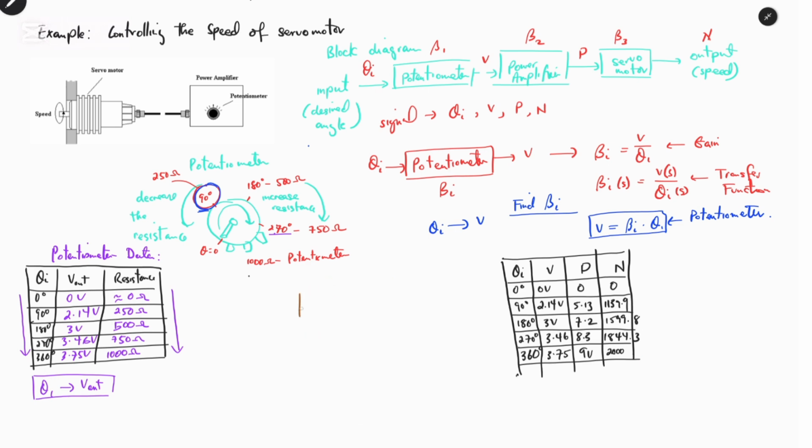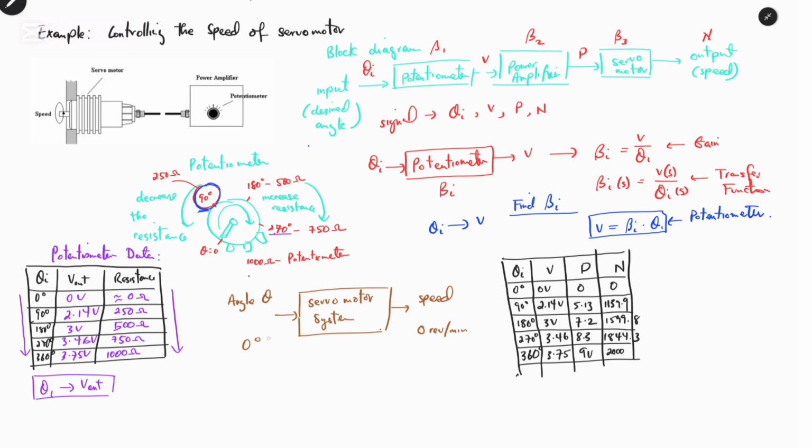So our servo motor system will operate based on the output speed and the input, which is the angle theta. We can say when we have 0 degrees, the output speed will be 0 revolutions per minute.